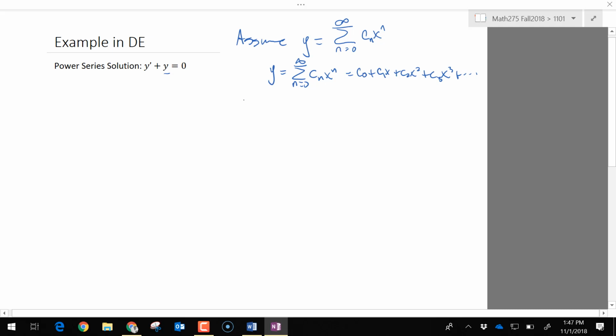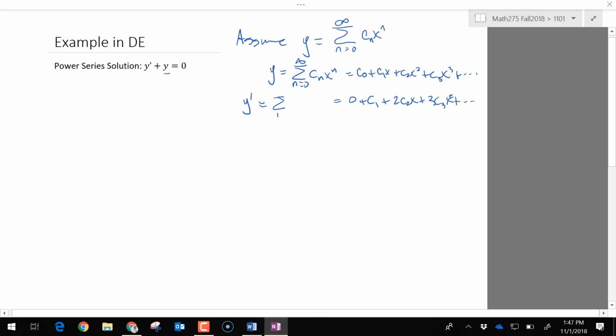Now imagine taking the derivative of this. So the derivative of c sub 0 is just 0, and then c1 plus 2 c2 x to the first power, 3 c3 x to the second power.